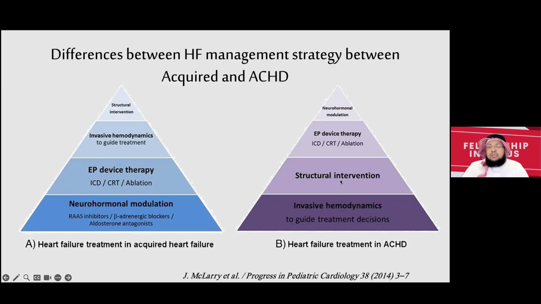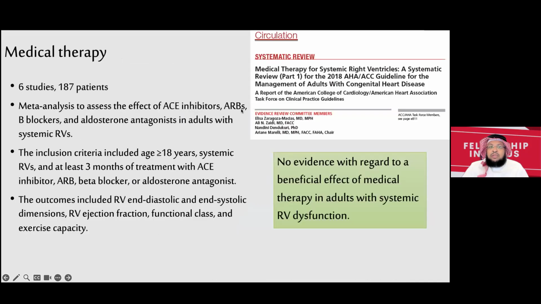But for adult congenital heart disease, it usually starts with invasive hemodynamics to identify the cause of the right ventricular heart failure, then intervention, then devices, and at the end, medication. So it's completely different from the normal population.